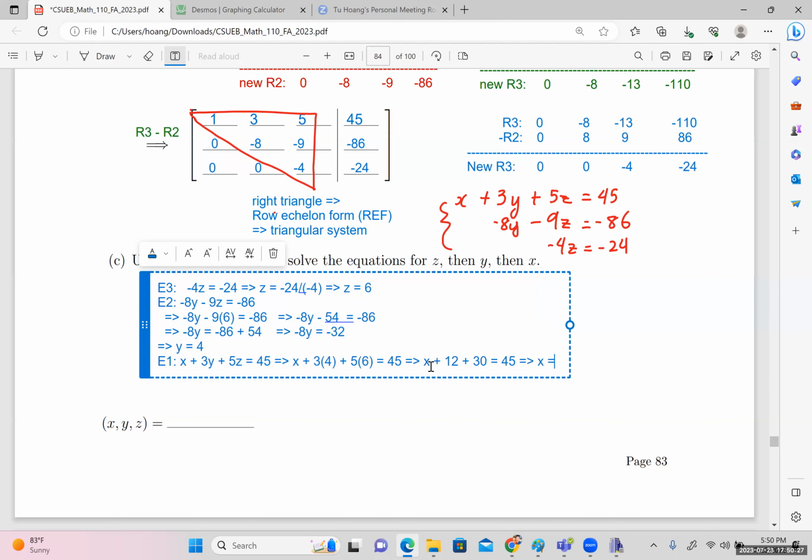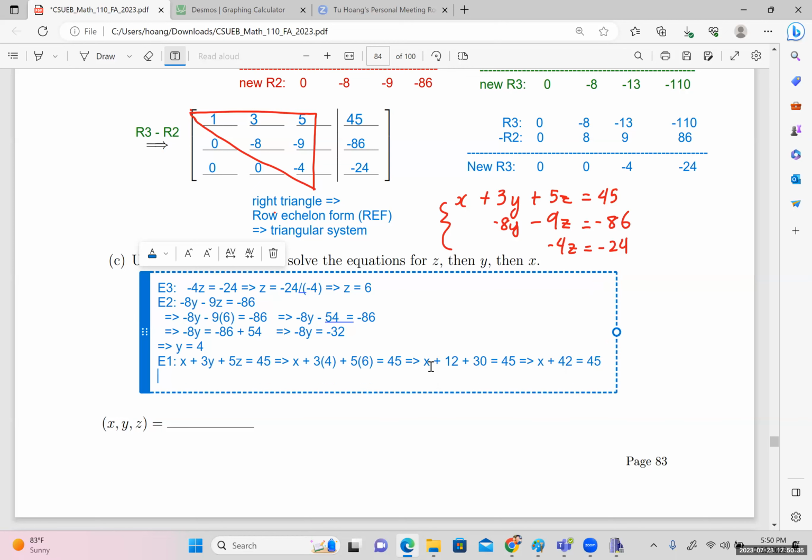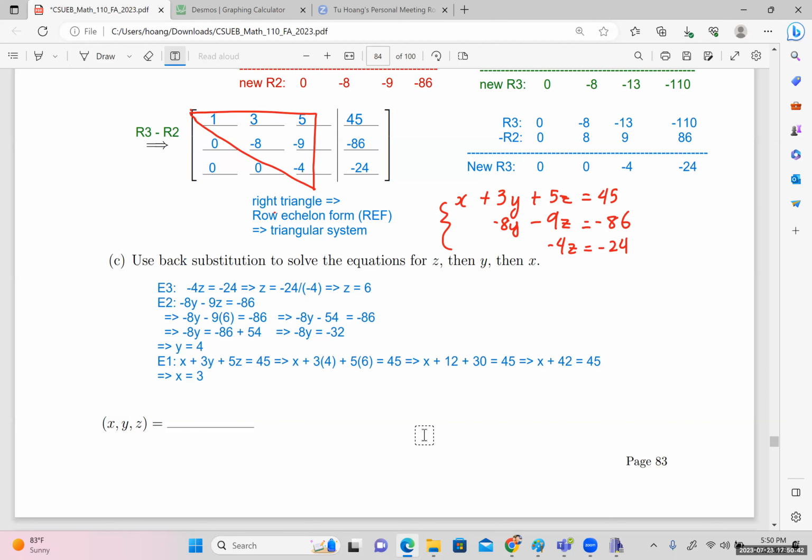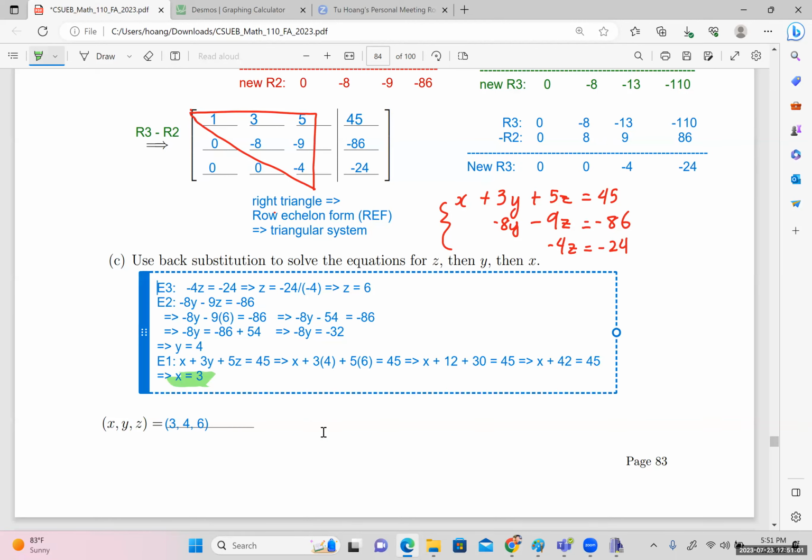So x plus 42 equal to 45. Then x equals 45 minus 42, which is 3. So the x, y, z solution will be 3, 4, 6. All right. I'm going to highlight the answer.